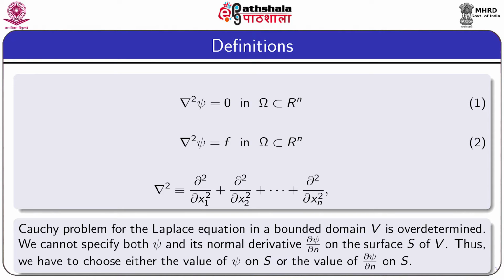We cannot specify both psi and its normal derivative del psi del n on the surface S of the bounded domain capital V. Thus, we have to choose either the value of psi on S or the value of del psi del n on S. Now, according to the boundary condition, we can categorize the problem into 4 categories.